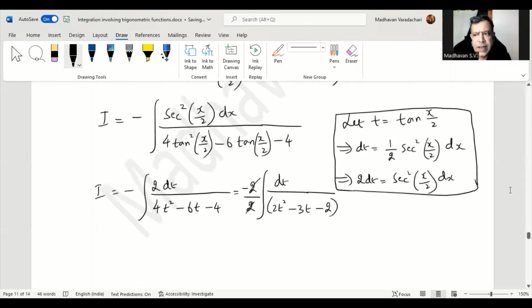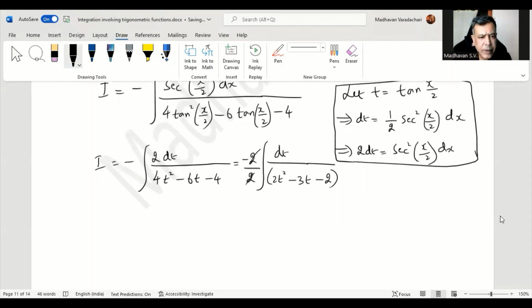Now we can factorize the denominator. So I can rewrite this integral as dt divided by 2t square minus 4t plus t minus 2. Means this minus 3t, I am rewriting it as minus 4t plus t.